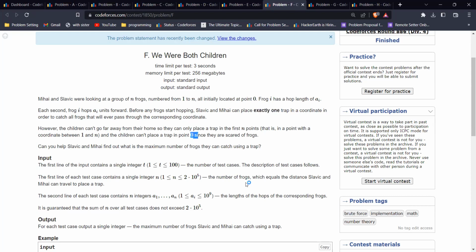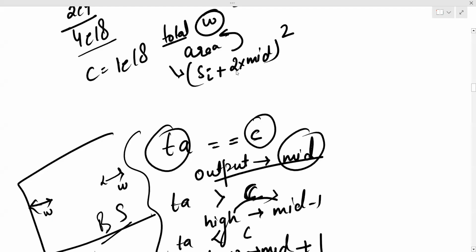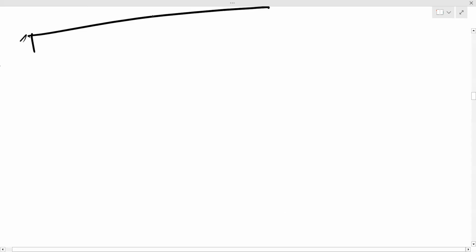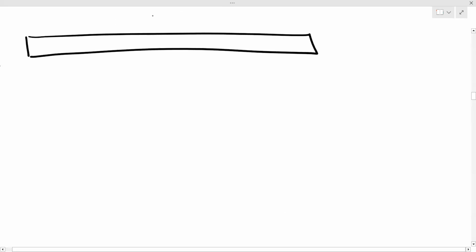So let's look at this problem here. We have some frogs, and let's say this is the value of n. We have something like this, and each of these frogs is initially located here.